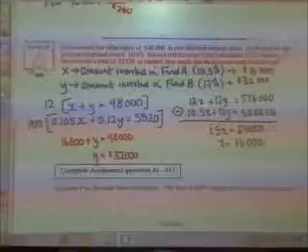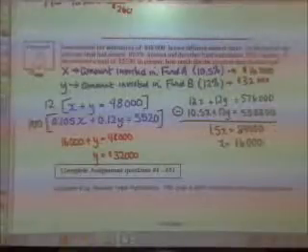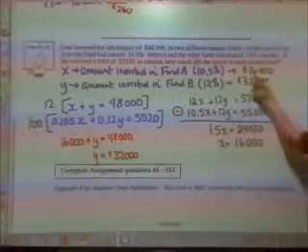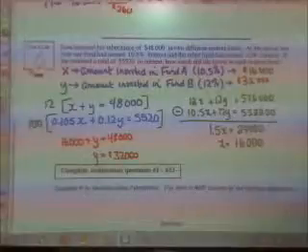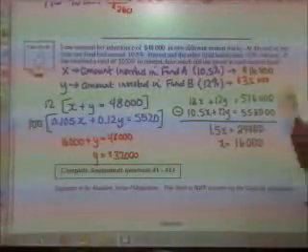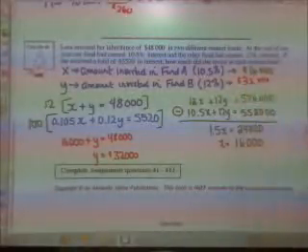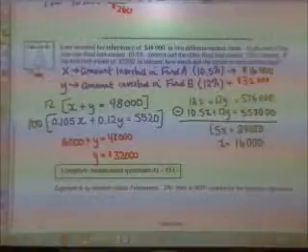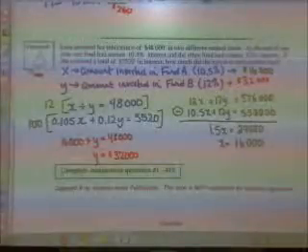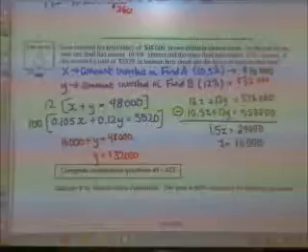So together that gives me 48,000, and I could go through and I could check this. I could figure out what 10.5% of 16,000 is and what 12% of 32,000 is, and check to see if those two sums equal $5,520.